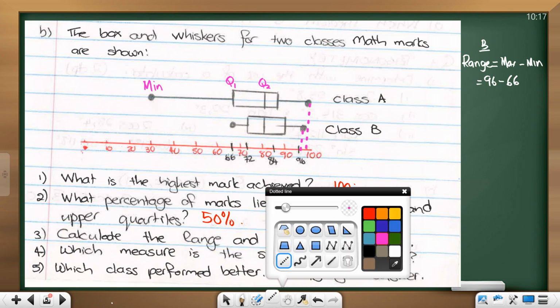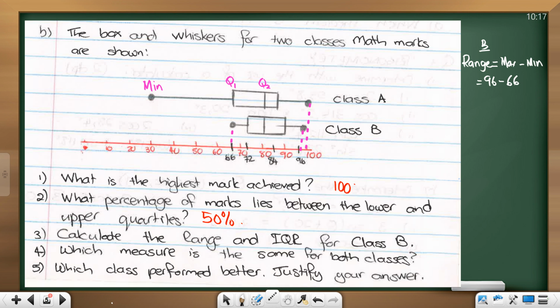Looking at class B, 66. What would that give us? 30. What about the interquartile range for class B? What would that be? 90 minus 72. And that will give us what? 18. We're done there. Easy stuff.